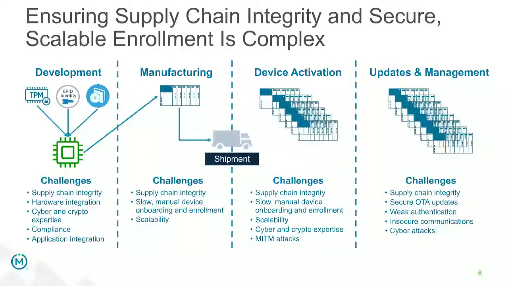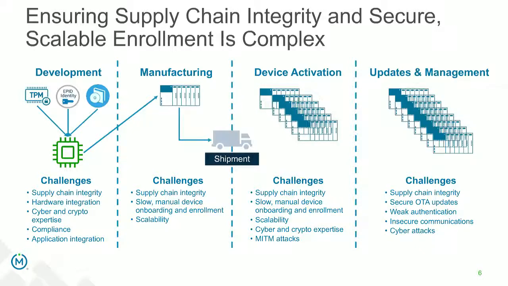So I think enrollment is a piece, but fundamentally, if you don't have that confidence in the identity of the device, it makes a lot of the other parts of the supply chain difficult to protect.